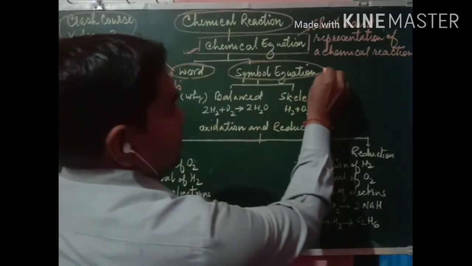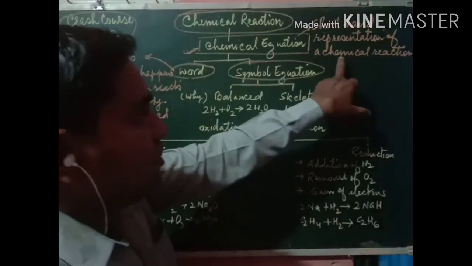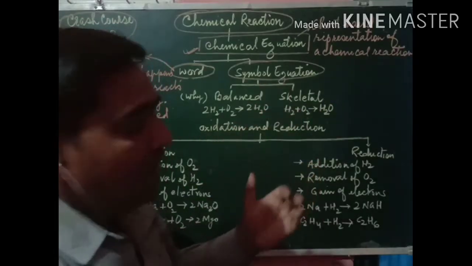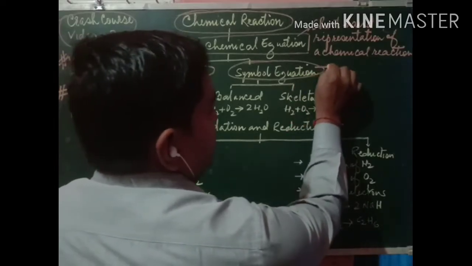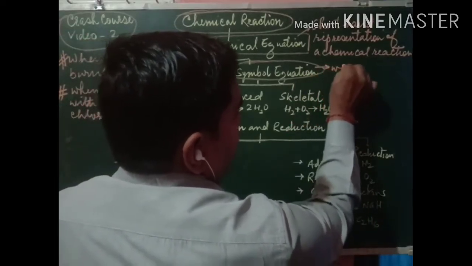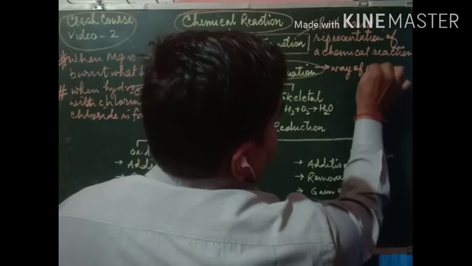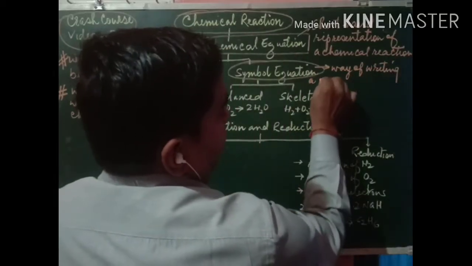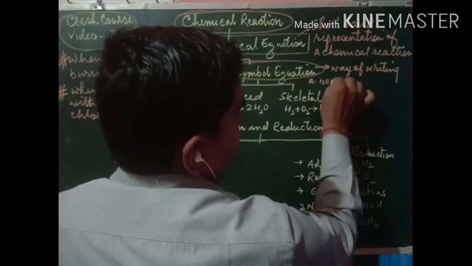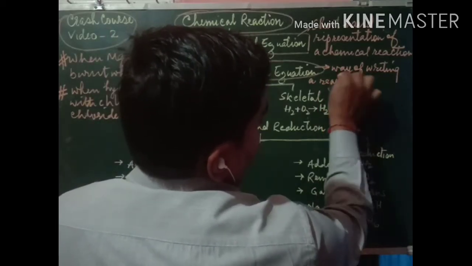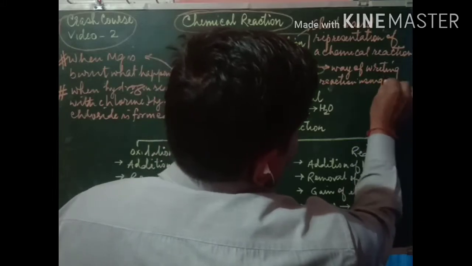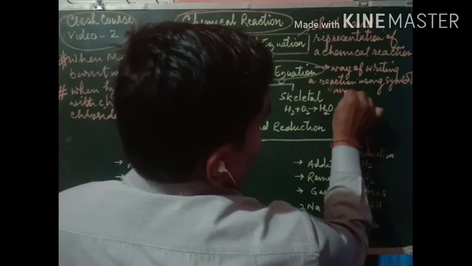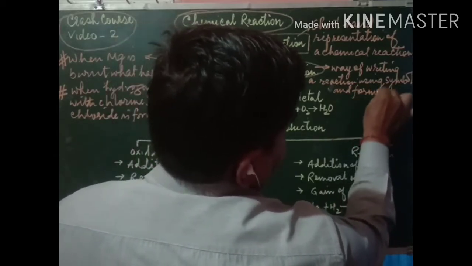So in a symbol equation, see, the shorthand representation of a chemical reaction is known as the equation, but actually a symbol equation is the way of writing a reaction using symbols and formulas.